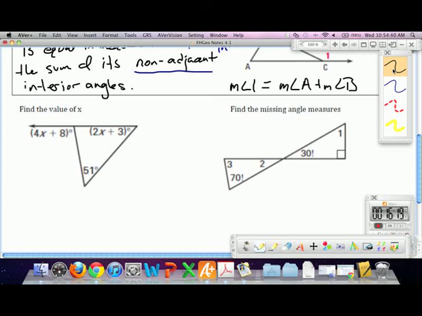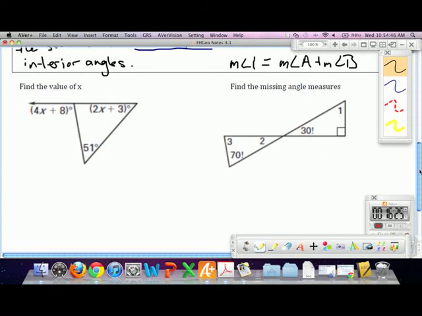Like, say, find the value of x here. Oh, look, exterior angle. That means that 4x plus 8 better be equal to the sum of its remote interior angles, the sum of this angle and this angle, or 2x plus 3 and 51.